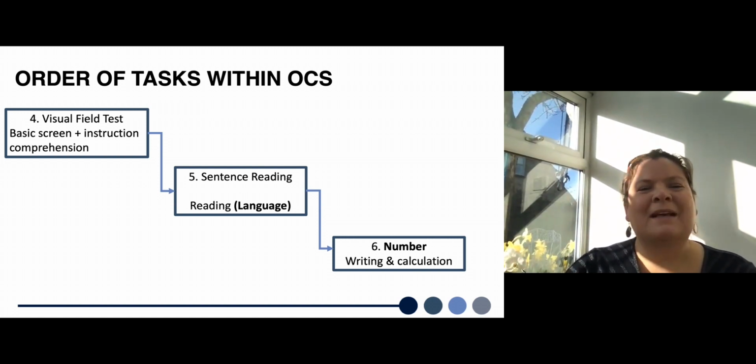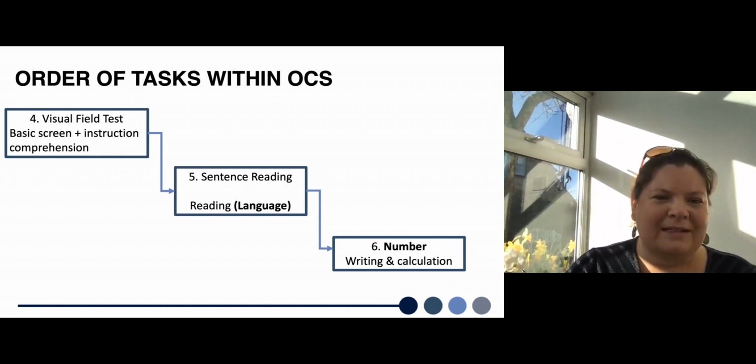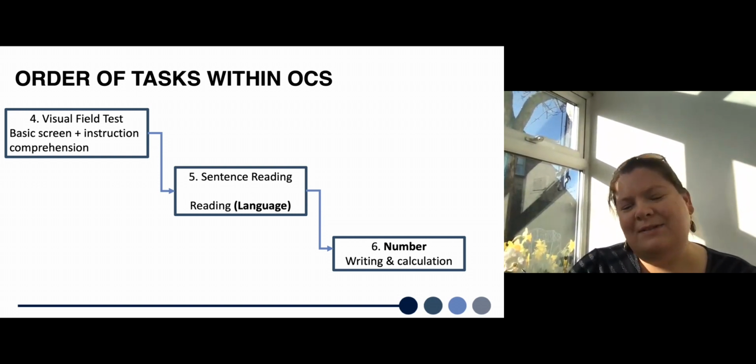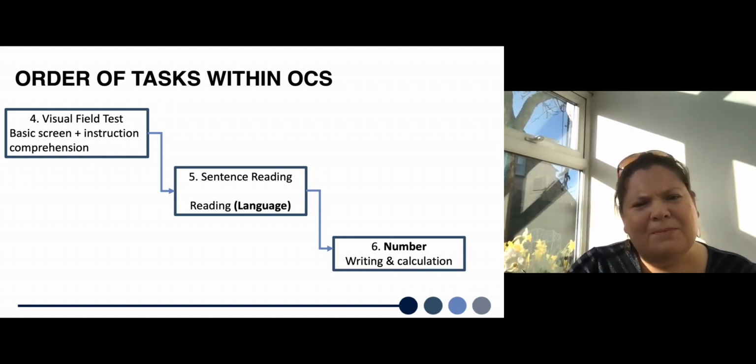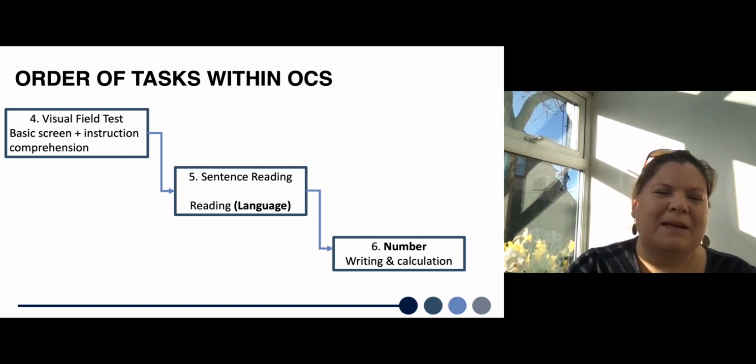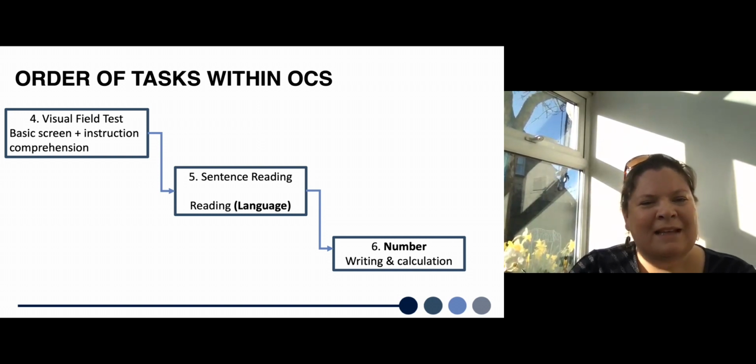But although it's in its prime purpose a basic screen of visual fields, there's always some little extra things you get from quite a lot of these things, and it's within that kind of idea of if you do it yourself, you always observe, and this is something occupational therapy is very good at, and this kind of observing of extra elements and tasks as a whole is very much what we want to do also with the OCS.